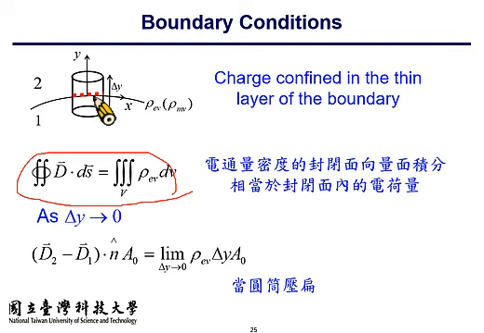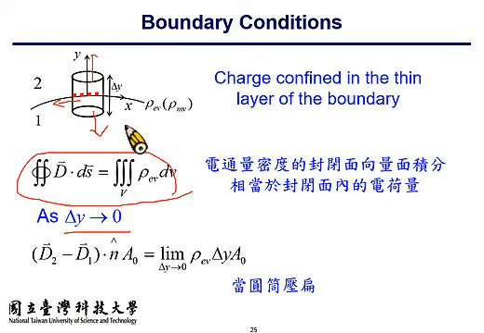We will reduce the height of this cylinder, so delta y approaches 0, which means the original closed surface integral includes the D going out of the top surface, going out of the bottom surface, and going out on the side of the cylindrical surface.